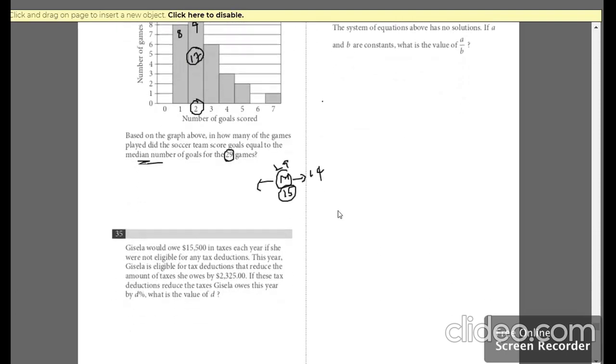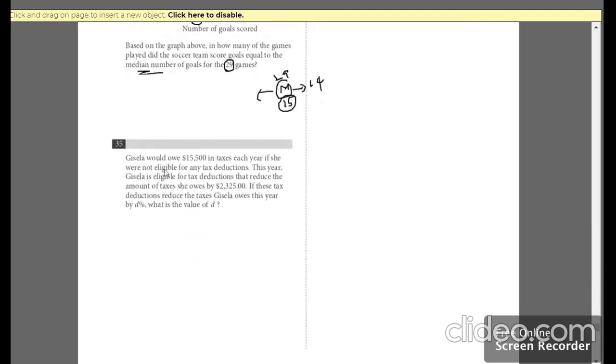Moving on to question number 35, which says Gisela would owe $15,000 in taxes each year if she was not eligible for any tax deductions, and that is reduced, she owes by 2325. So we divide 2325 by 15,500 to get the exact answer.